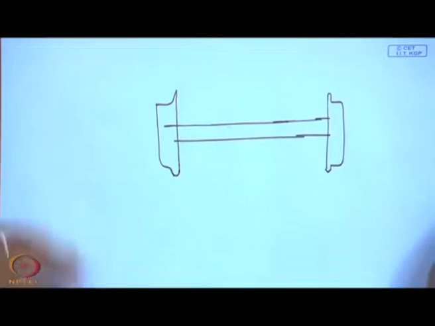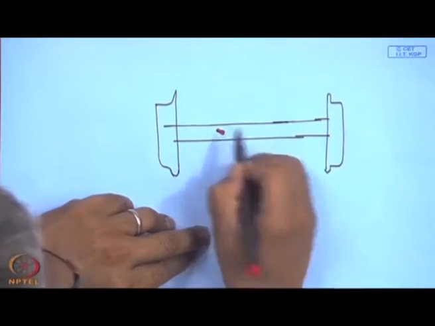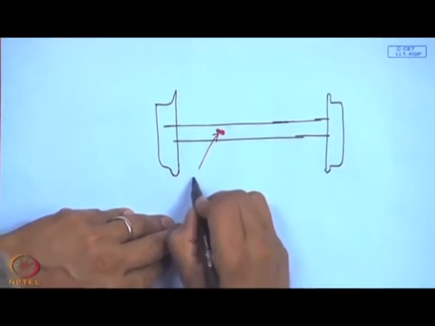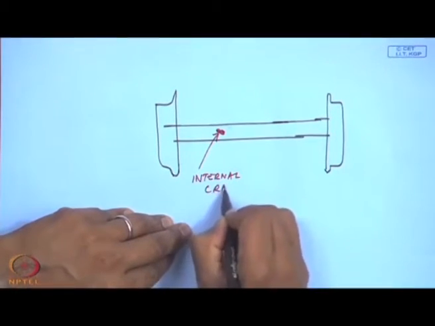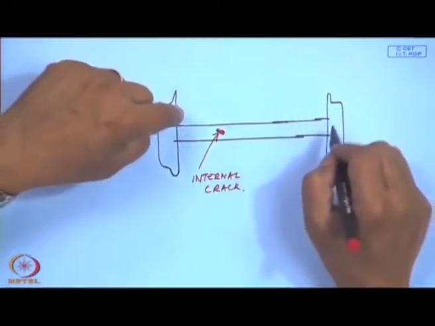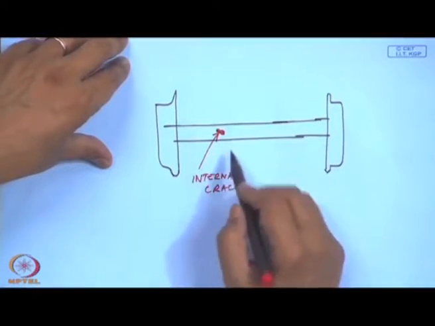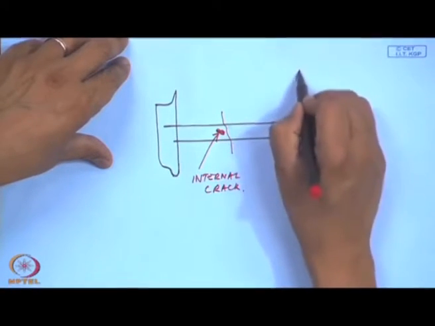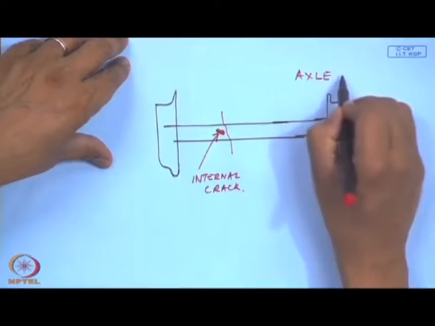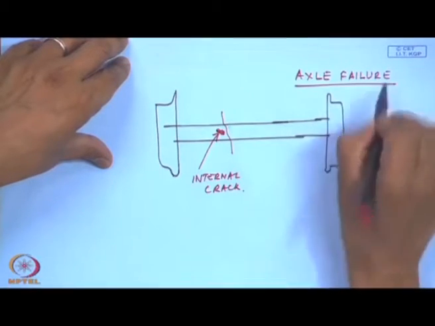Imagine in a railway axle, there was a crack which has developed internally, maybe some initiation was there because of a weak material or something, and over time this crack has become alarmingly big. Time will come when this crack is so severe that there will be a failure of the axle. So, you can imagine the disastrous consequence of a railway axle failure.